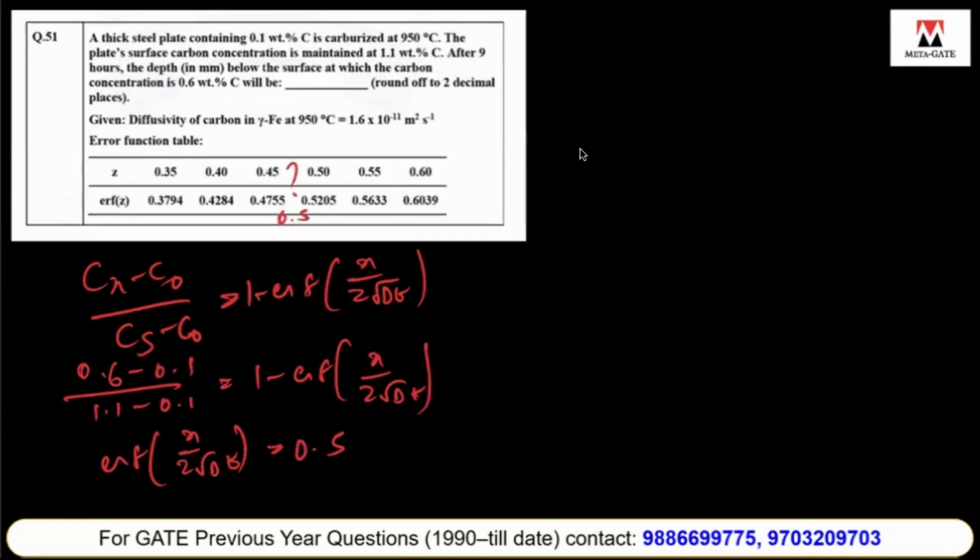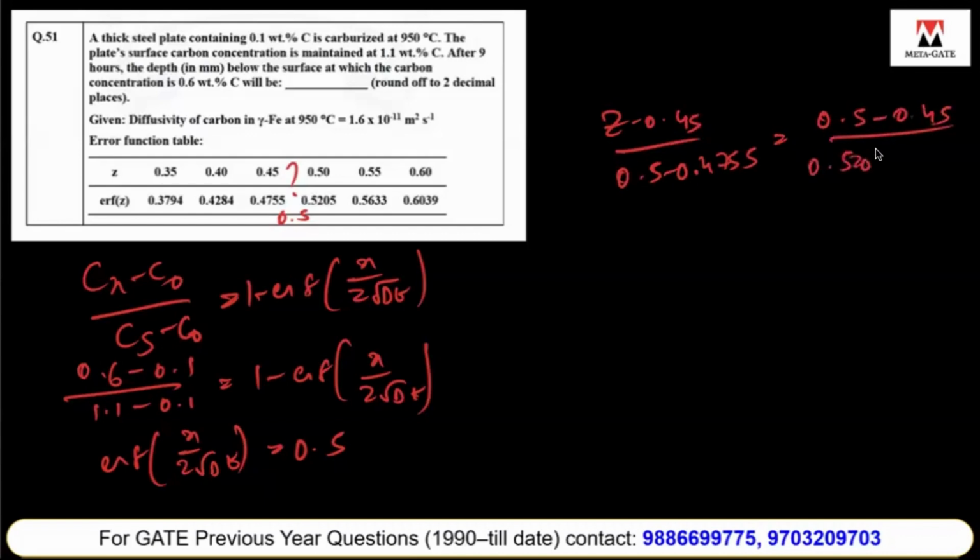Then what is the value of Z? So Z minus 0.45 by 0.5 minus 0.4755 is equal to 0.5 minus 0.45 by 0.5205 minus 0.4755.